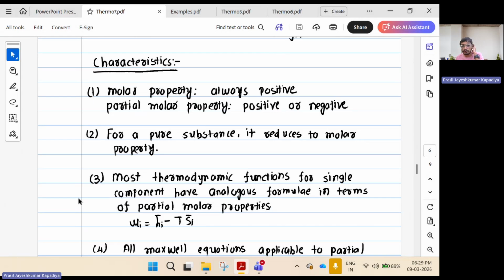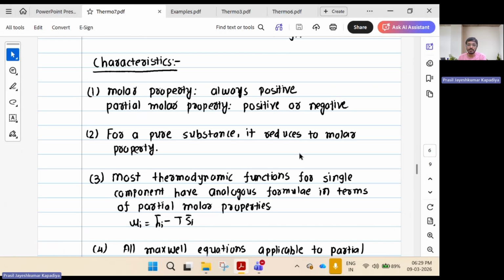Now we have learned so many thermodynamic equations, that G is H minus Ts, A is U minus Ts. All those things we have learned. Those equations can also be used for partial molar properties. My chemical potential or G was H minus Ts, so I can also write Gi bar as Hi bar minus T into Si bar.